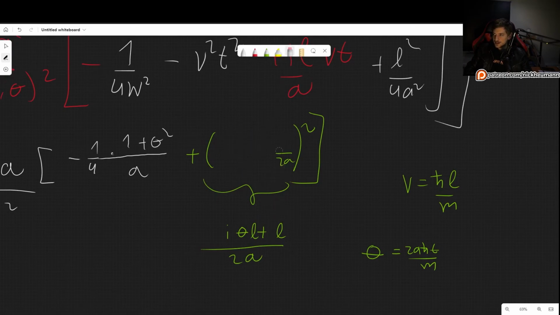So this is i theta L plus L divided by 2a. But we can now factor out the 2a and the L. We can write this as L squared divided by 4a squared, times the factor 1 plus i theta squared.